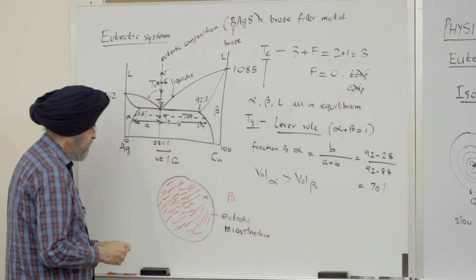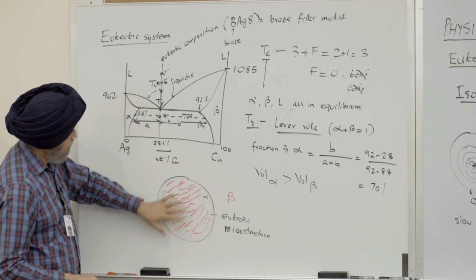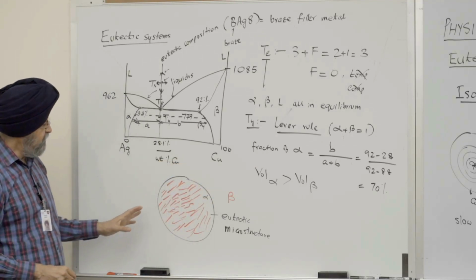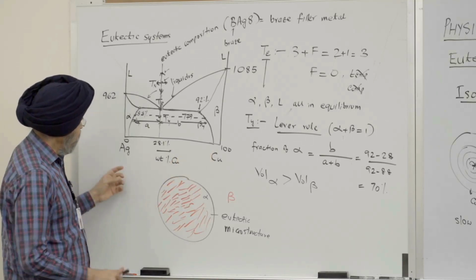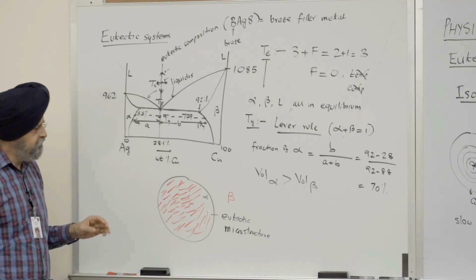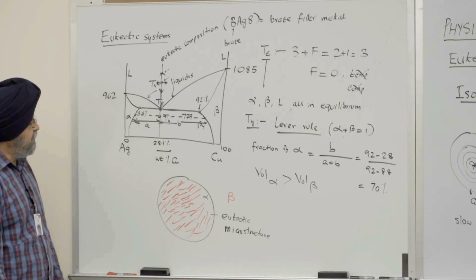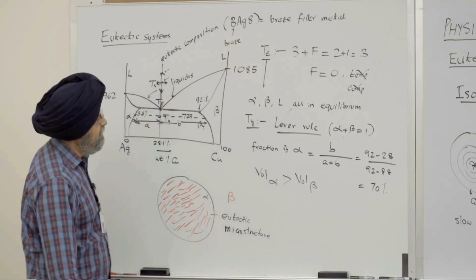So the eutectic microstructure is platelets of copper-rich phase, and I've drawn it red because under the microscope it looked reddish. It has a copperish color, whereas the matrix, which is silver, will look silvery. So this is a eutectic structure. And this is a structure you see for Ag-Cu.